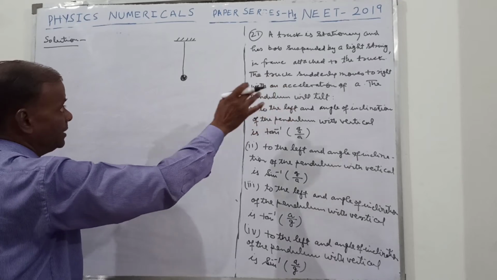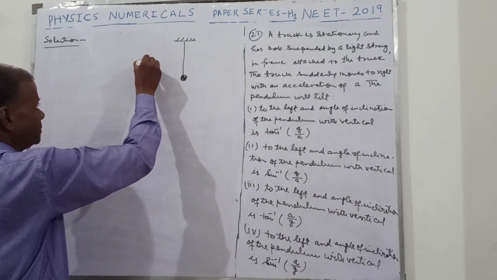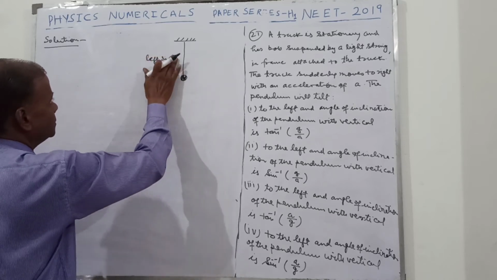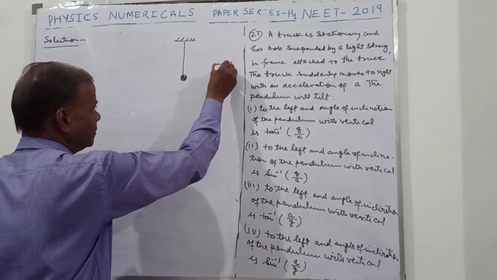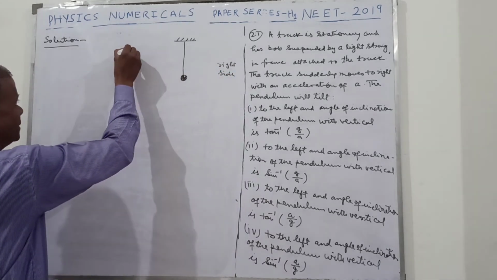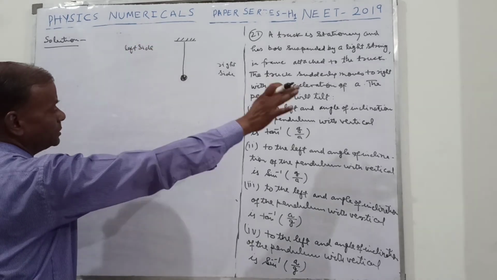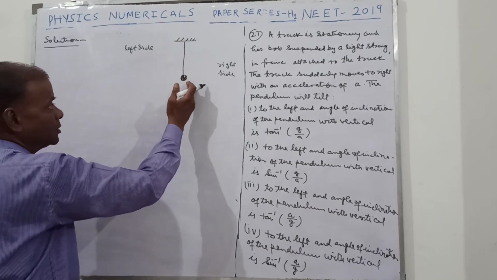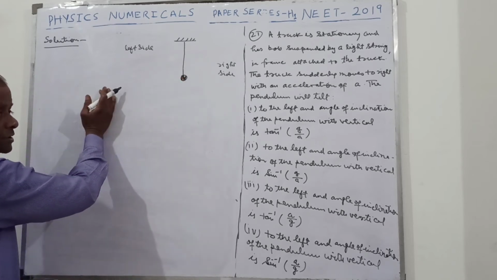Suddenly it moves towards the right, so this is your left side and this is your right side. Now the truck moves in this direction. Because of inertia the bob will remain here, the truck will go ahead, then the bob will be deflected towards the left.